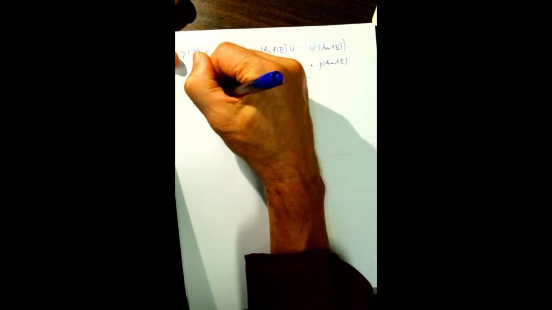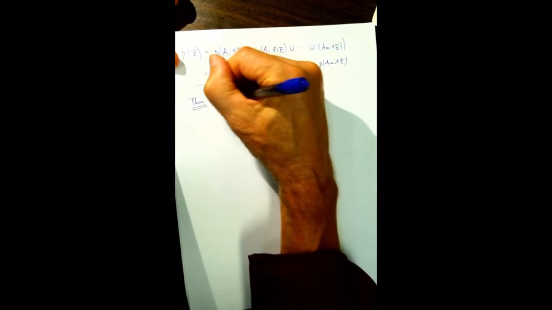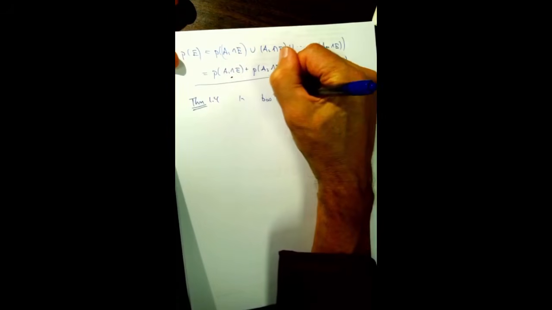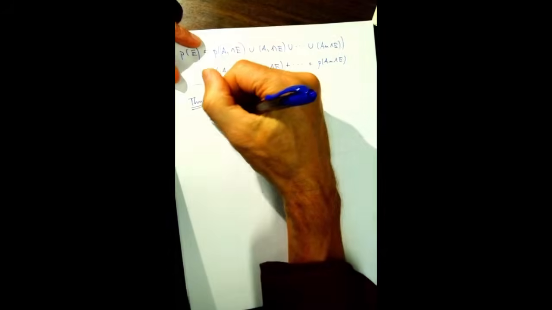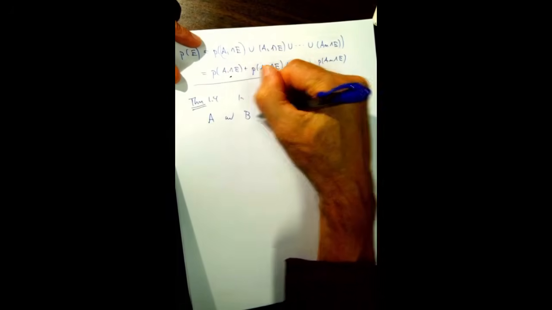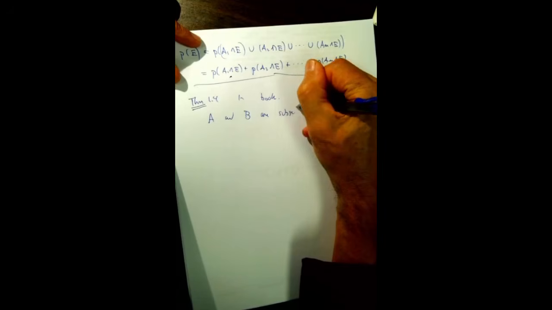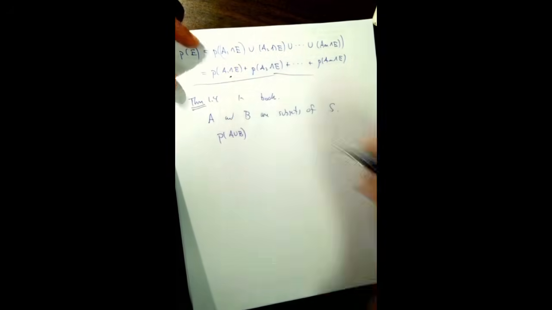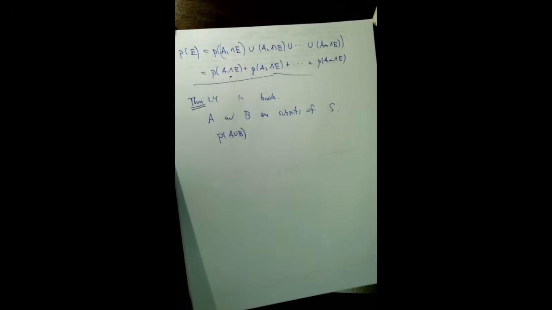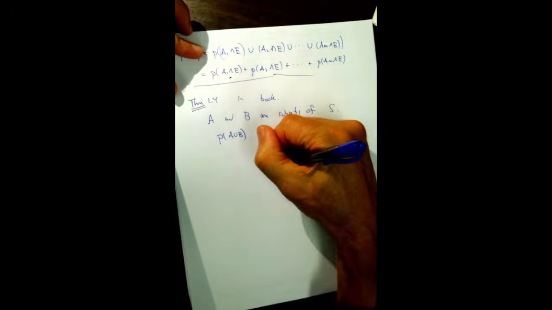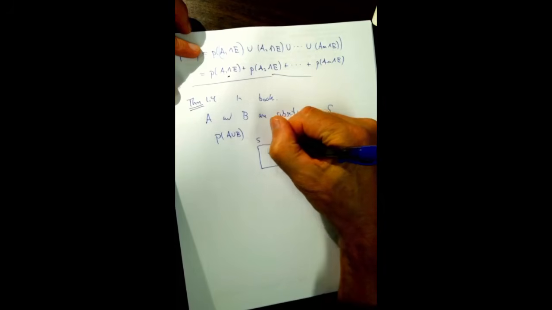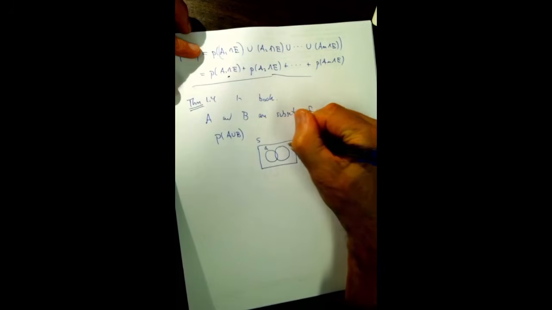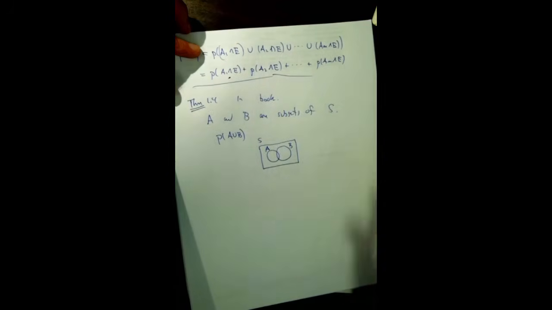This is going to lead us to a really important theorem. This is 1.4 in the book. Suppose we have two sets, A and B, and those two sets are subsets of our sample space. I do not have a general formula for this, but just intuitively, what do we expect to get?